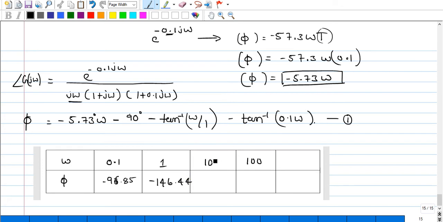For 10, it will be around minus 476.59. Perfect. And this will give you more value. So these values are enough, I feel. Check for 100. If you get, let me know. Minus 836.71. Yes, minus 836.71. So this particular point could be difficult to mark.